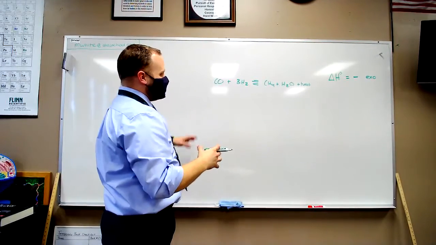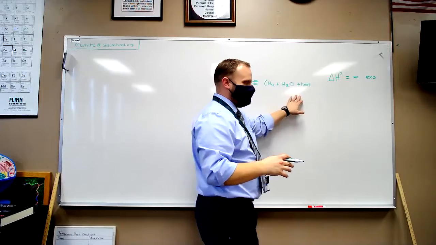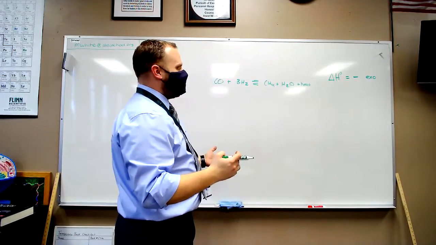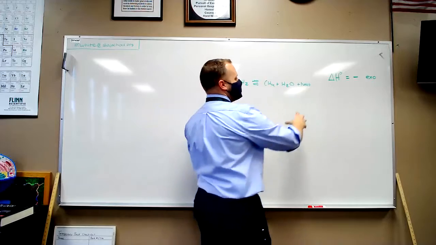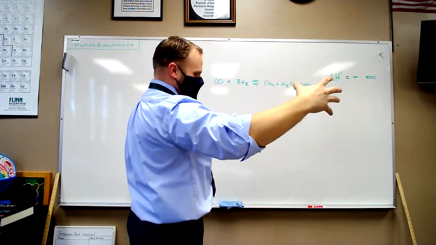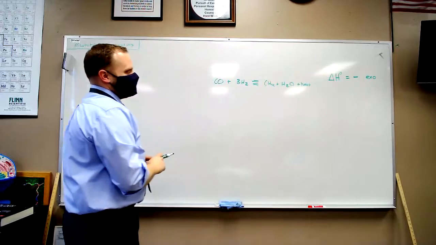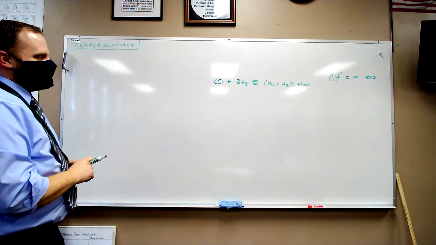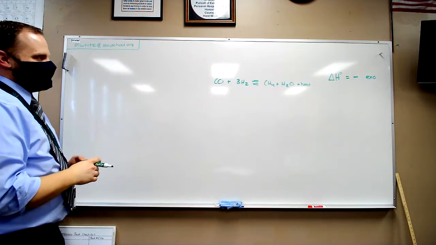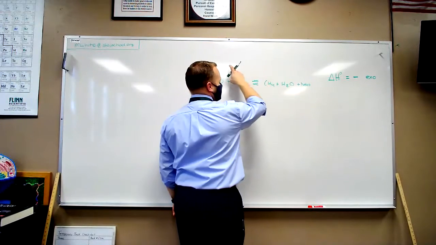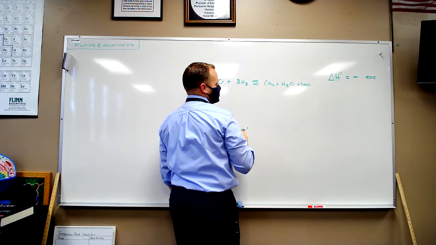So let's say we take this whole thing and we put it inside a freezer. Well, what's that going to do? It's going to reduce the amount of heat. The heat is going to move out of that system into the freezer. And because of that, if we remove a product, it shifts that way.